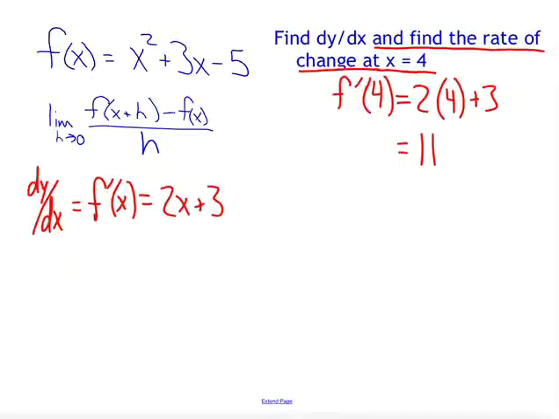Now, let's revisit the function that we were looking at when we introduced this exploration. We had our phone falling out of our pocket, and we wanted to figure out how fast it is going when it's a foot off the ground.